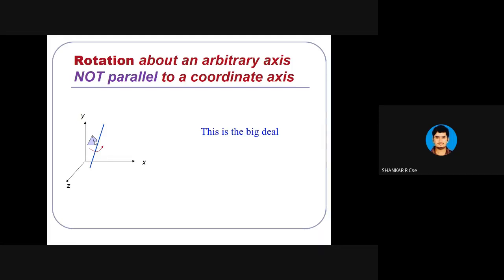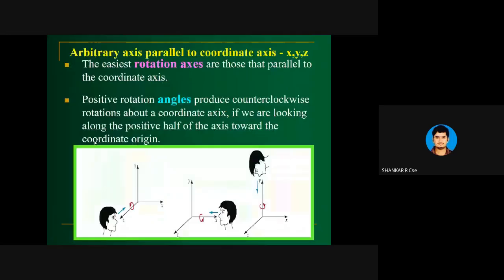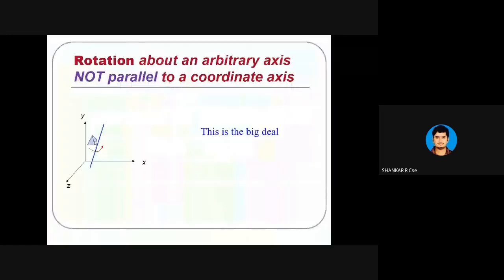That reference axis can be a coordinate axis. If you don't have your own reference axis, you can imagine that you are rotating an object keeping x in mind or y in mind or z in mind. That is what we have seen all along, keeping the x-axis, y-axis, z-axis. But what if you have a reference axis which is not at all parallel? That is why the word arbitrary.